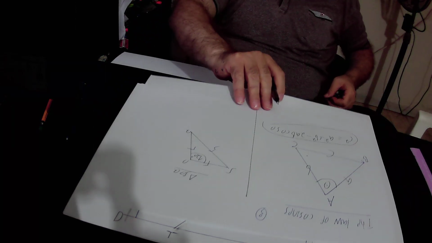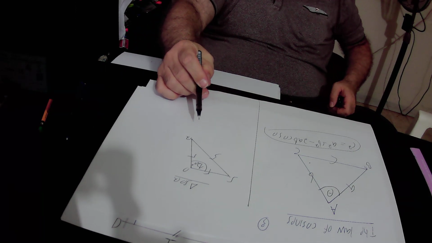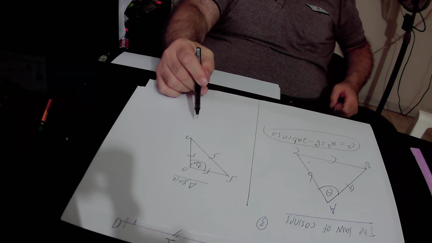This is the green triangle SOQ that I copied from the original drawing.